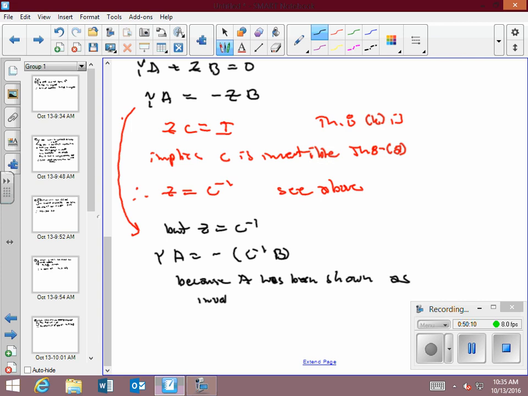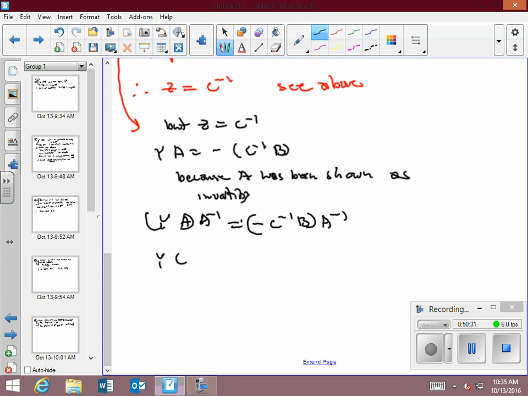YA A inverse equals a negative C inverse B A inverse.